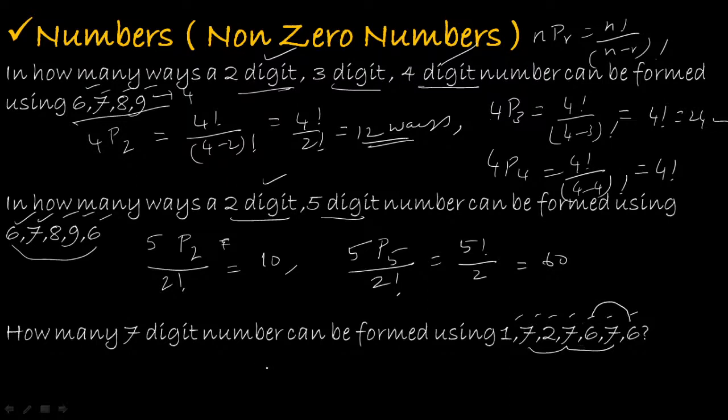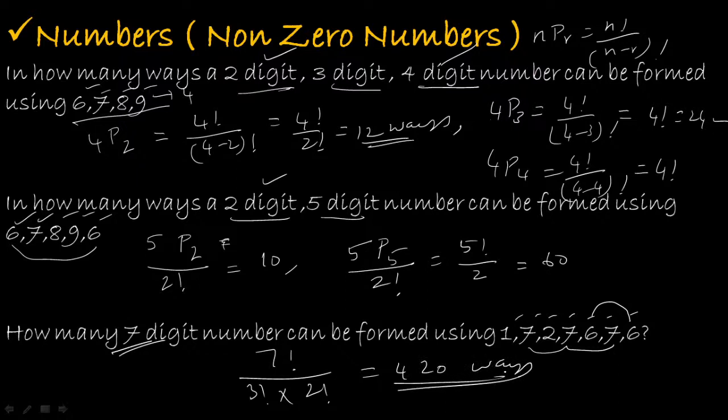So you have to form a 7 digit number, taking all at a time, that means 7 factorial, isn't it? So 7 factorial divided by, here 7 repeats 3 times so you take it in the denominator, and 6 repeats 2 times, so you take it as a product and write it in the denominator. After simplifying you get 420 ways.